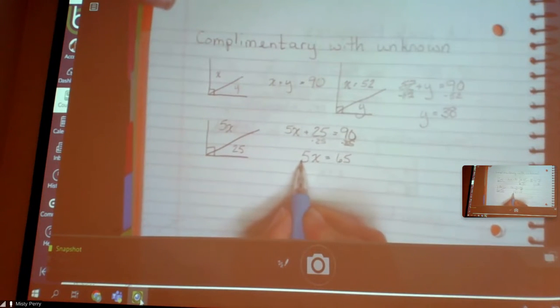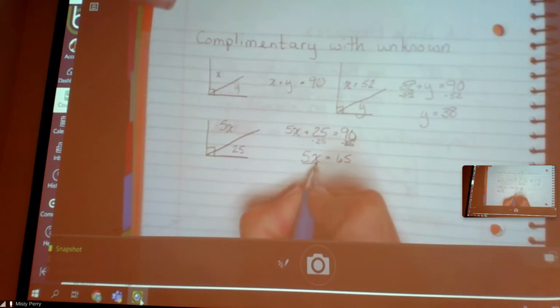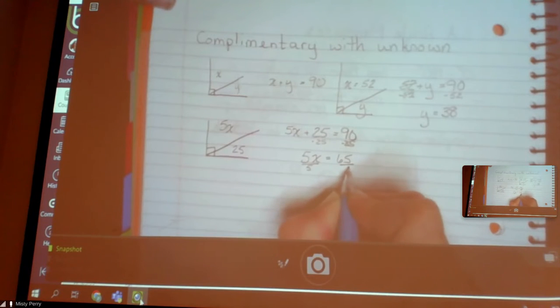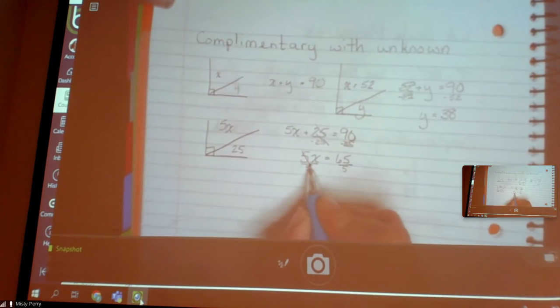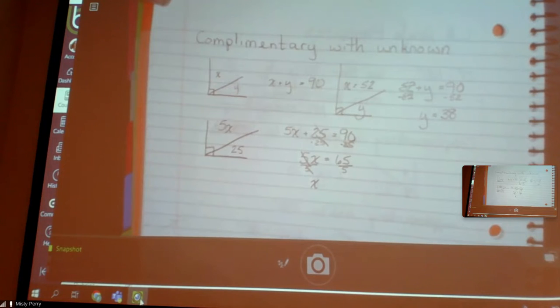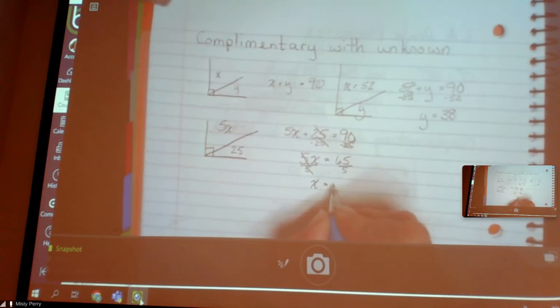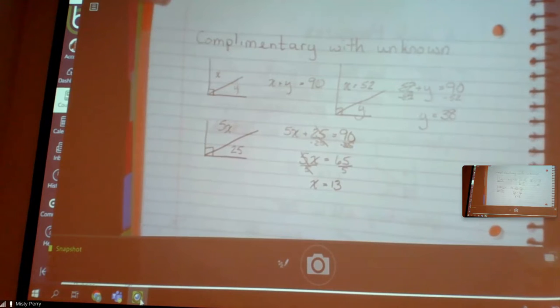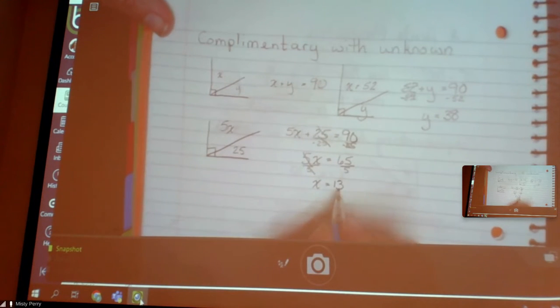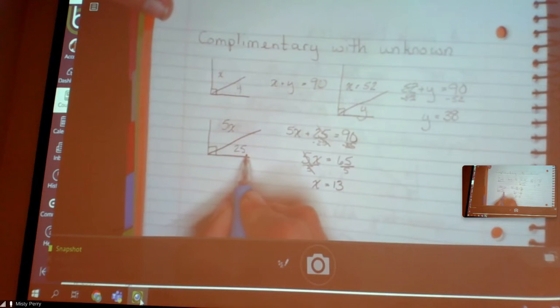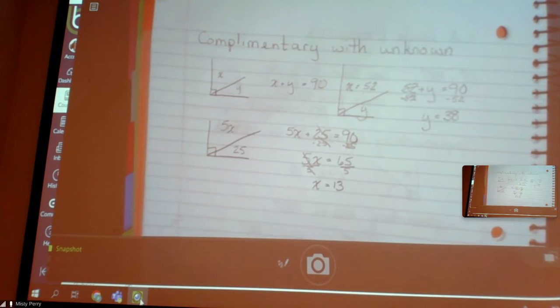Now to get rid of the 5 times x, I'm going to divide by 5 on both sides because it will cancel out this 5. I'm going to have the x by itself. 65 divided by 5 is 13. So when I solve for x, the x is 13. If I want to check this, I will go 13 times 5 plus 25 and see if it equals 90.